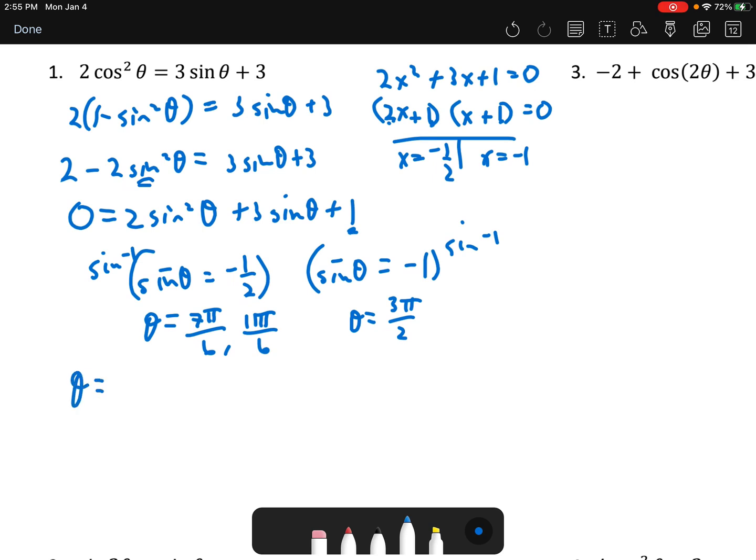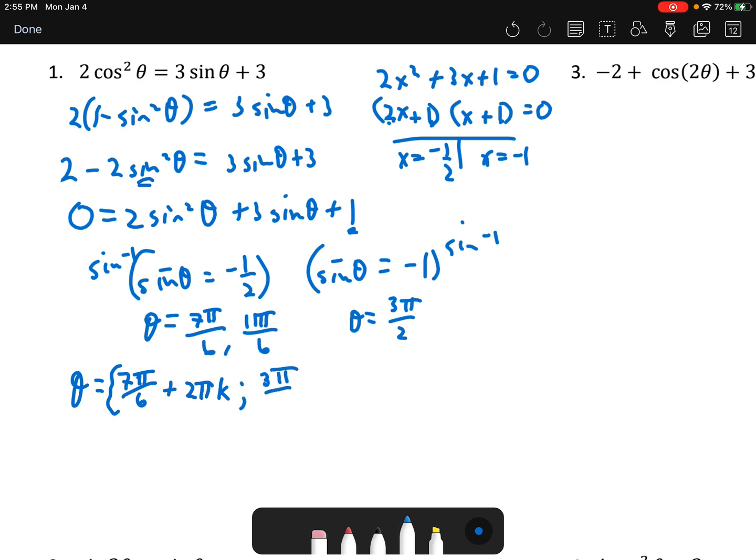So these answers then are going to read like this. The first answer is going to be 7 pi over 6 plus 2 pi k. K meaning how many times do you want to go around the circle? You can go positive, you can go negative, it doesn't matter. We're going to take that times 2 pi and add 7 pi over 6, and it's going to put us at that solution every time.